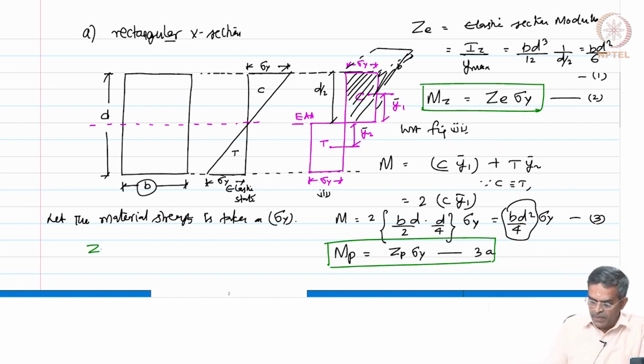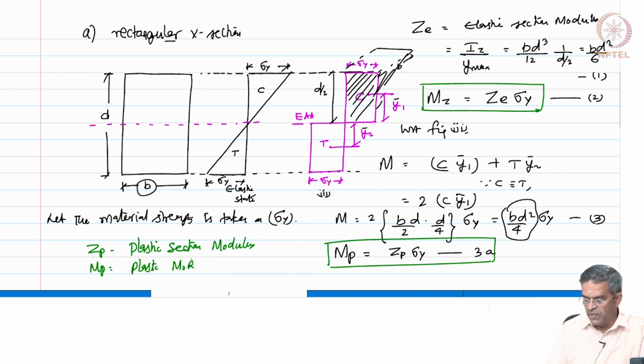So, Zp is called plastic section modulus, Mp is called plastic moment of resistance, and of course, sigma y is the yield stress.